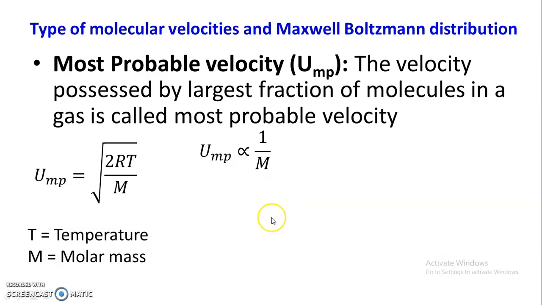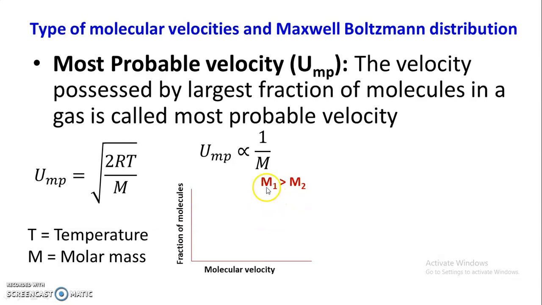Now consider a gas sample having two types of molecules with molar mass m1 and molar mass m2, where the molar mass of one type of molecule is less than that of the other. For example, m1 is greater than m2, or m2 is less than m1.